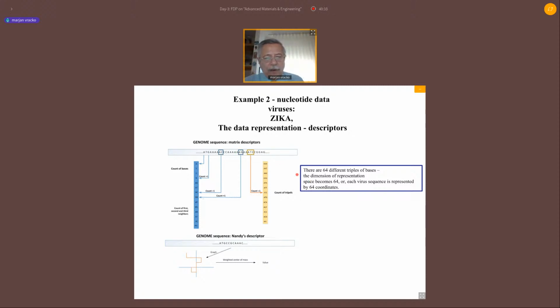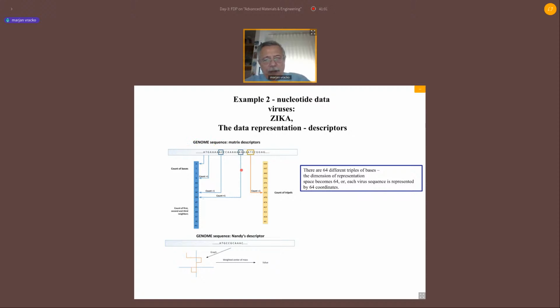We simply count triples of bases. We have, of course, 64 different triples of bases because there are 4 different bases, and we count how many of such triples are in each individual genome.